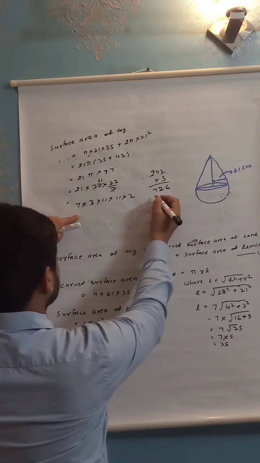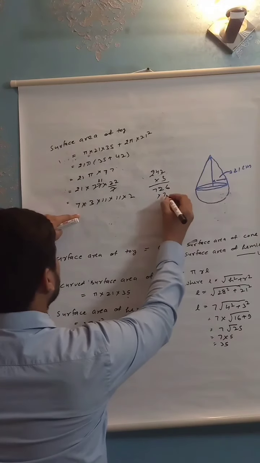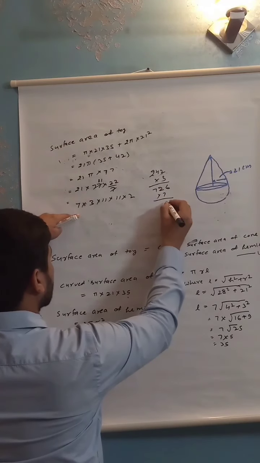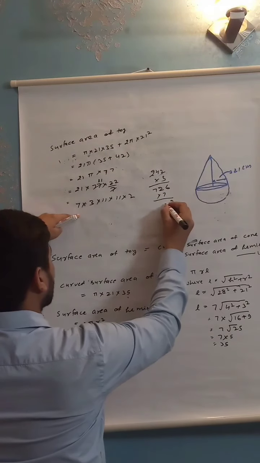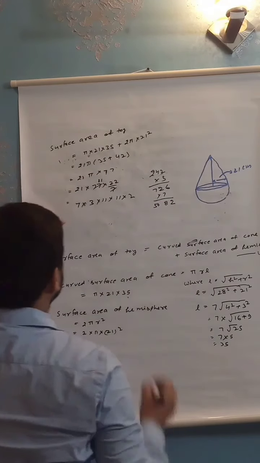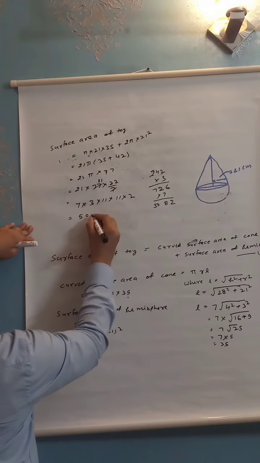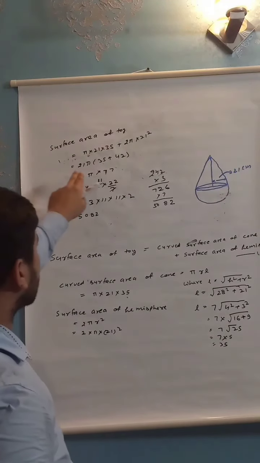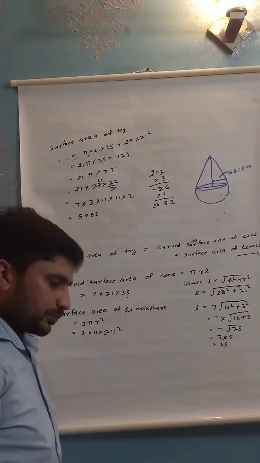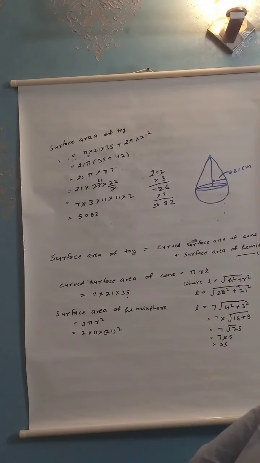Again multiplied by 7, 7 sixes are 42, 7 twos are 14, 4 plus 1 is 5, 7 sevens are 49, 50, 5082. It's 5082. Now the total surface area of toy is 5082. Now further we can proceed towards the third question.